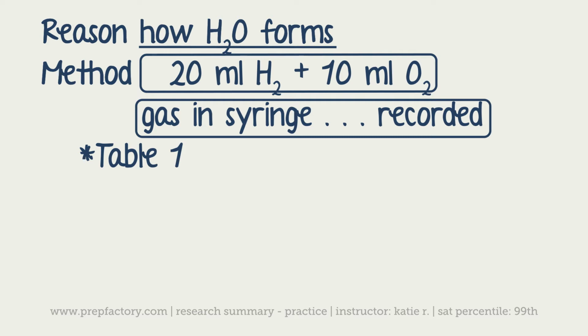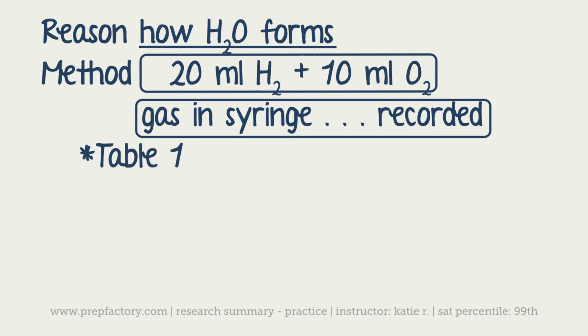Versus if we have 40 and 20, we have none left over. So 40 versus 20, it seems like we need twice as much H2 as O2, and that gives us what we want, nothing left over at all.